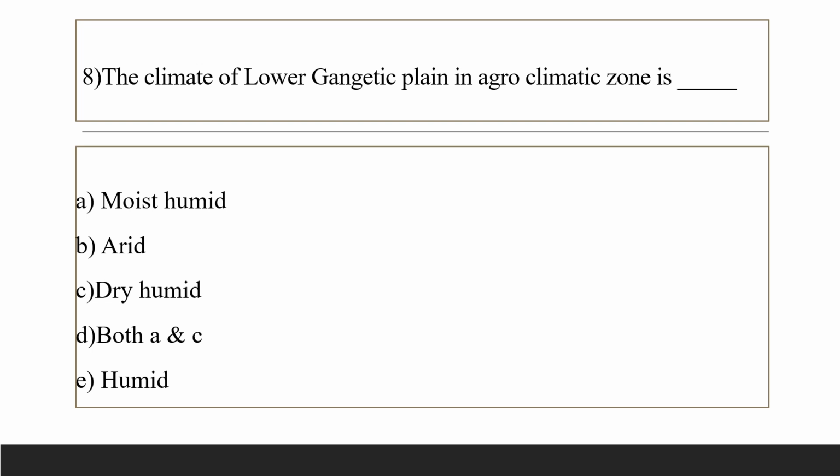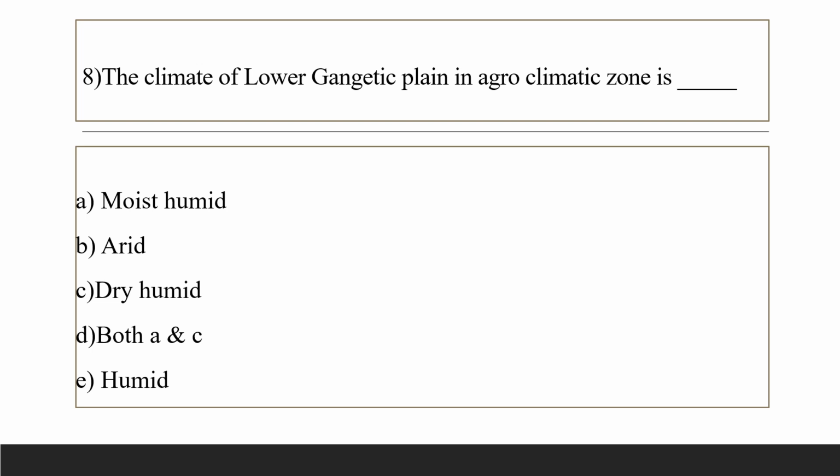The climate of the lower Gangetic Plain agroclimatic zone is. One of the agroclimatic zones is the lower Gangetic Plain. Here the climate is moist, humid and dry humid.